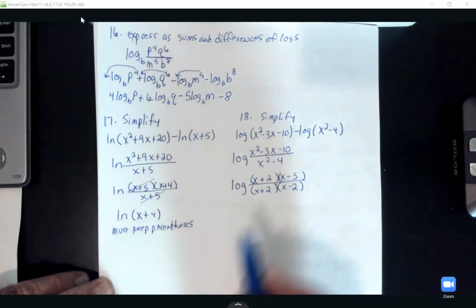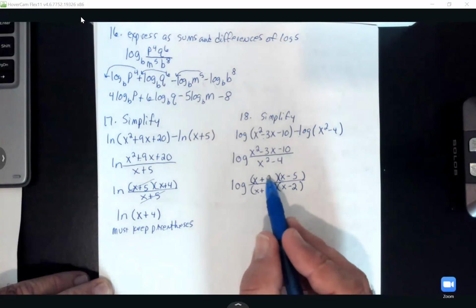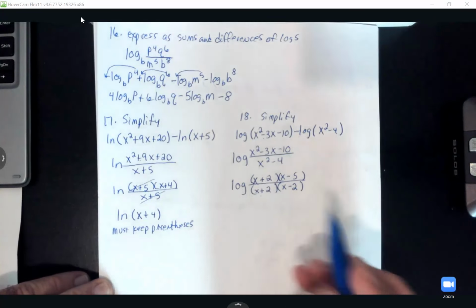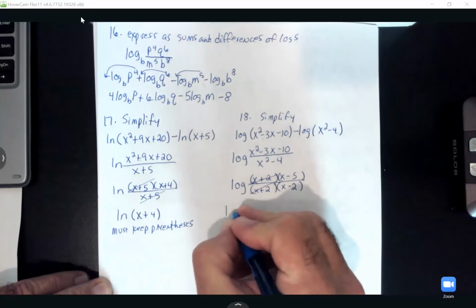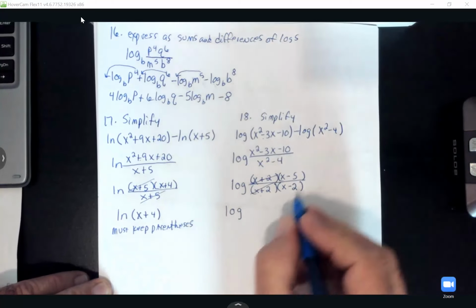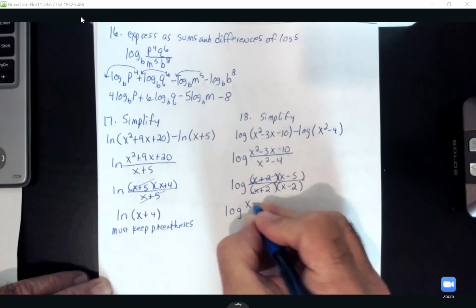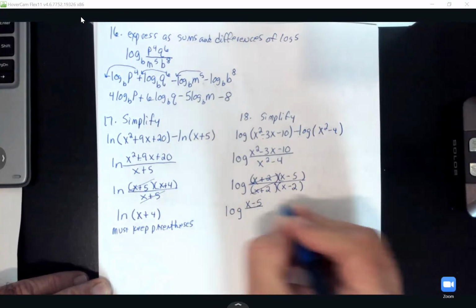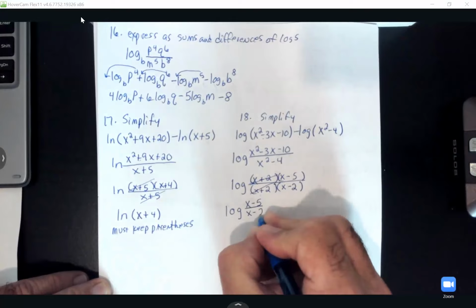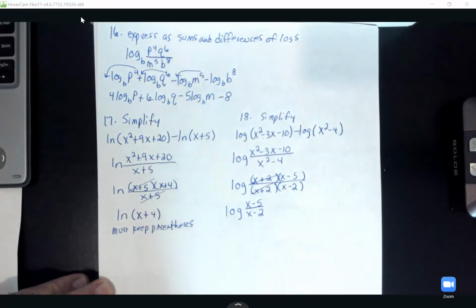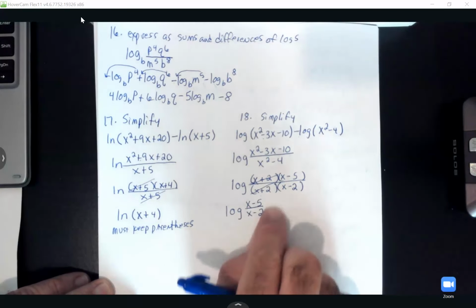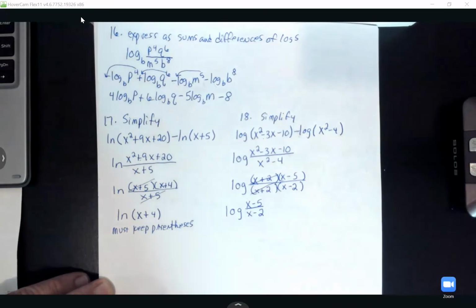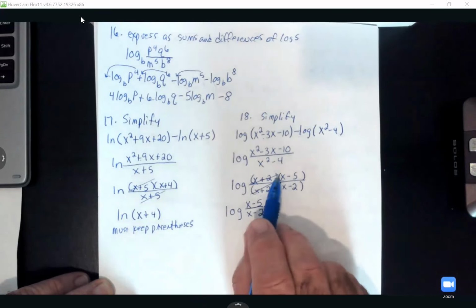But you know you're correct when you see that you got something that's going to cancel on this. So I'll cancel out the x plus 2's, and my final answer will be a log of x minus 5 over x minus 2. Now, this one, since the answer was a fraction like this, we don't have to keep these parentheses, okay?